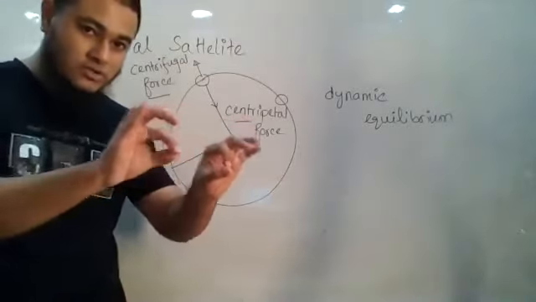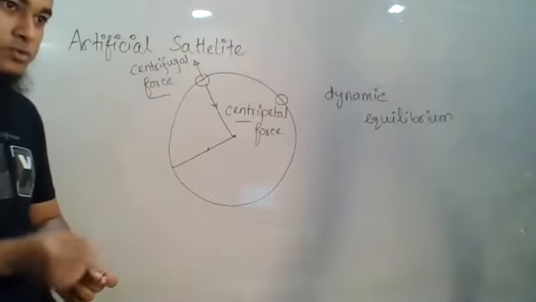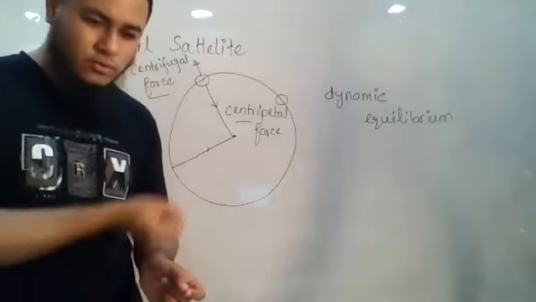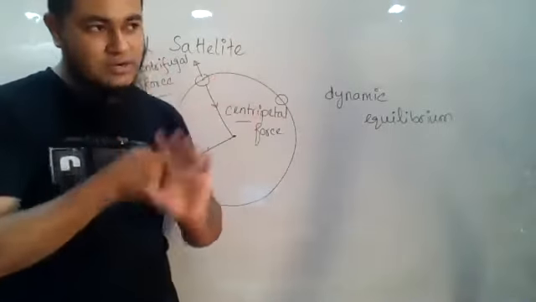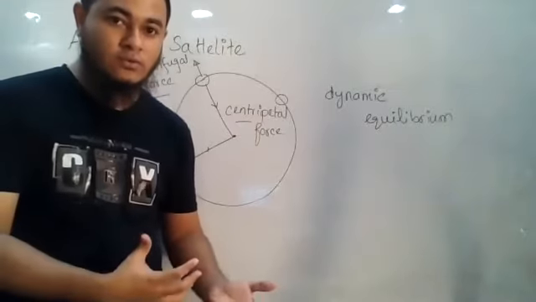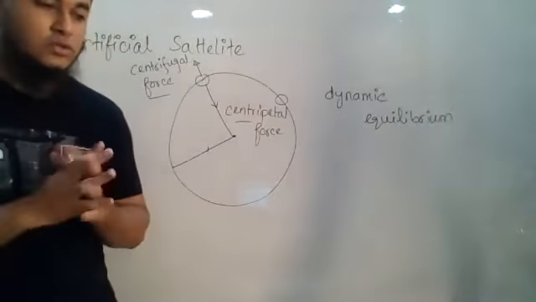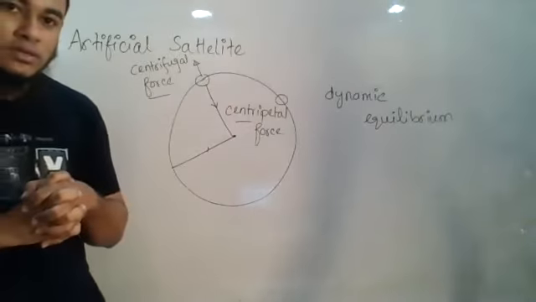So the orbit is already fixed. I know that at this radius I want the satellite to orbit the Earth. To reach that orbit, the velocity at which I must throw the object has to be calculated. So we will try to develop an equation for V, with which we need to throw the satellite.